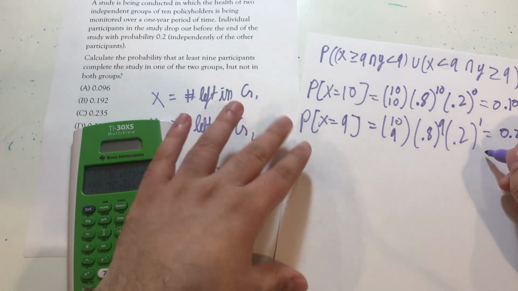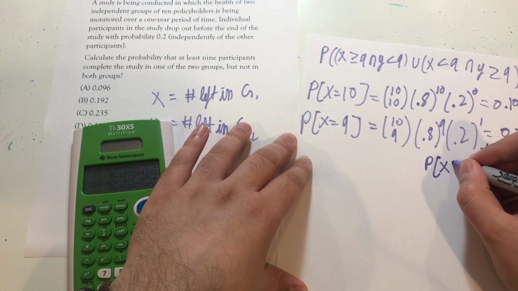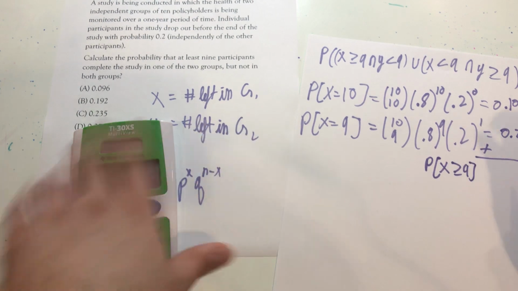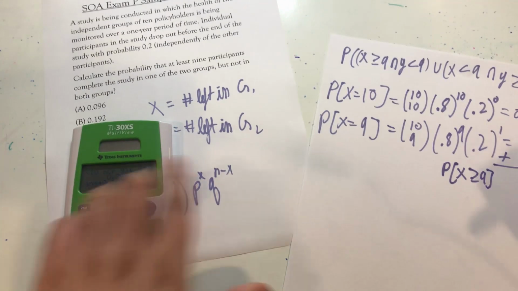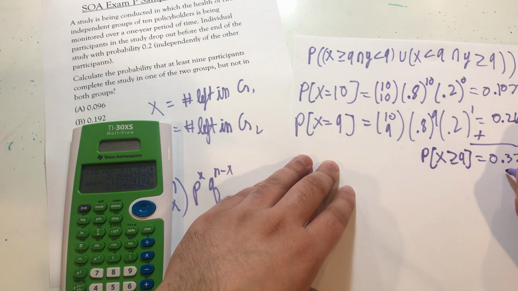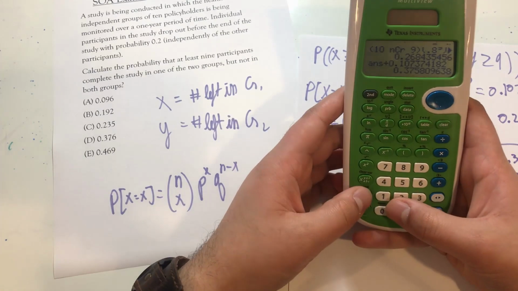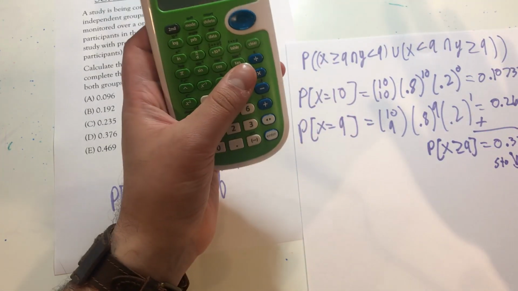I add these together to get the final probability that X is greater than or equal to 9, which is going to be 0.37580. I'm going to use this quantity quite a bit, so I always write a note to myself, STO x. That means I'm using my calculator to store this as the variable x so I can continuously use it in different problems.